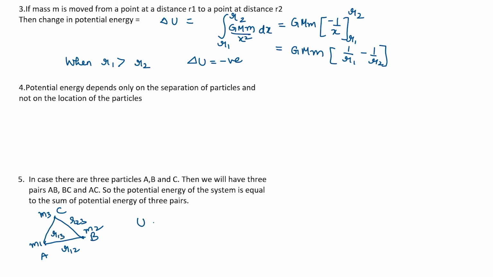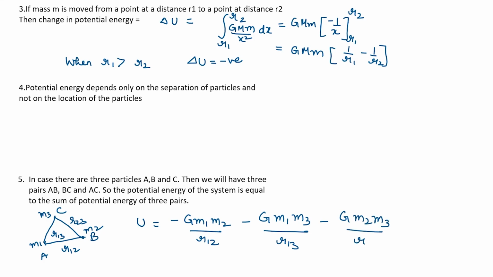Then the total potential energy will be given as minus Gm1m2 by r12, minus Gm1m3 by r13, minus Gm2m3 by r23. So you have to first identify all the pairs and then you add the potential energy of all such pairs to get the potential energy of the system.